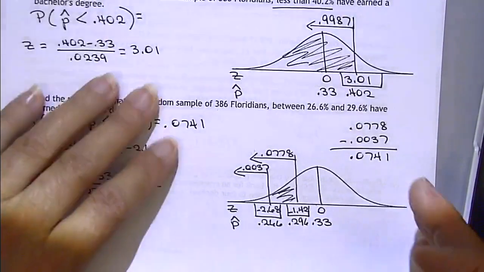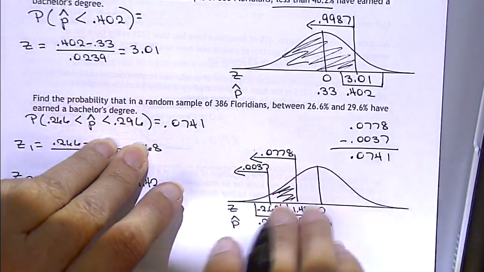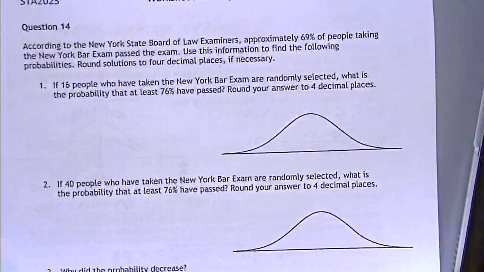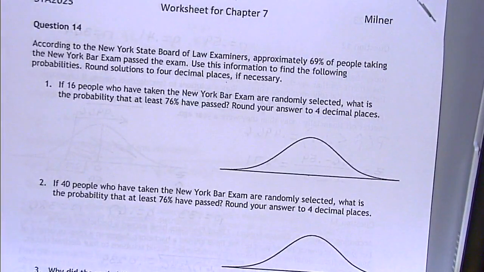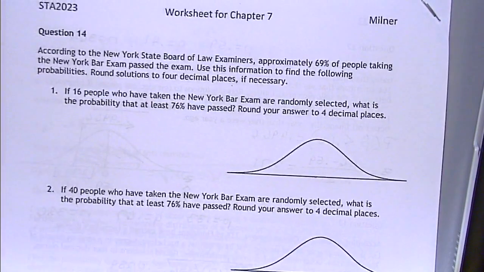Okay, now let's answer a couple of questions that are more understanding the problems that you're working on this last page. But first we have to work them the exact same way before we can answer the conceptual questions, okay? So first it says the New York State Board of Law Examiners says that approximately 69% of people taking the bar exam pass the exam.